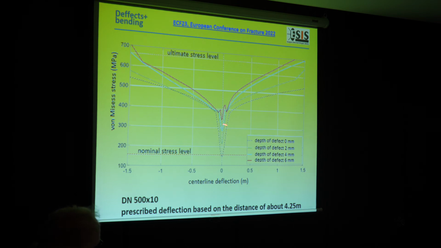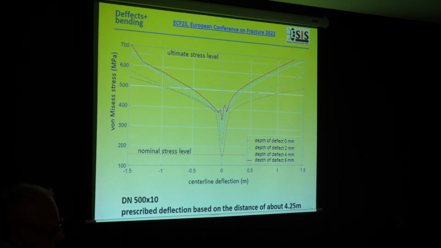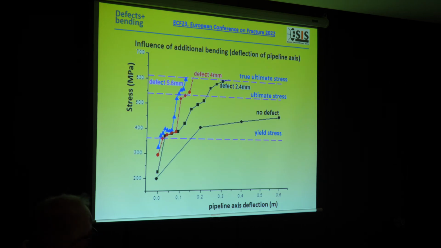Then on the right side and left side is the increase of stresses from the additional bending. This diagram is for over 4 meters deflection of the axis of this pipe. For example, it's possible to create many diagrams in this form. This is a different interpretation, better readable, for example.